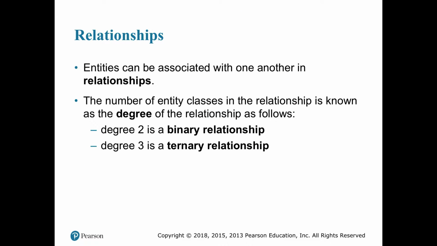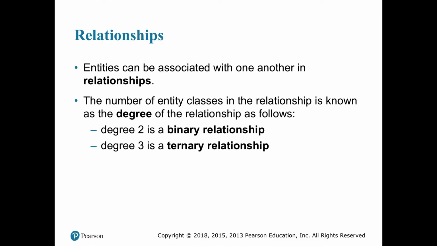Entities can be associated with one another in relationships. The number of entity classes in a relationship is known as the degree of a relationship. Degree 2 is a binary, and 3 is a ternary.